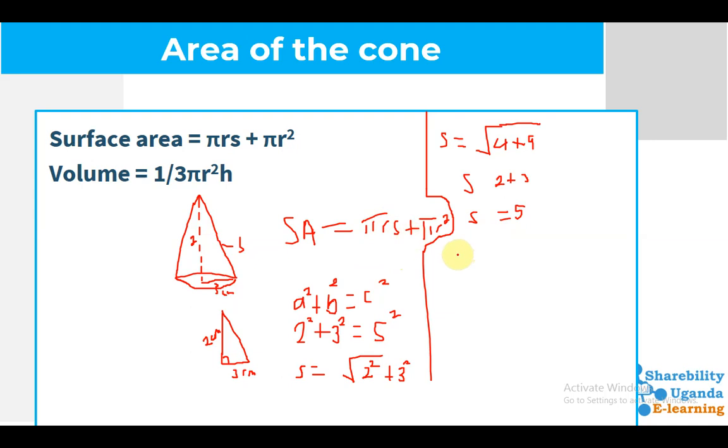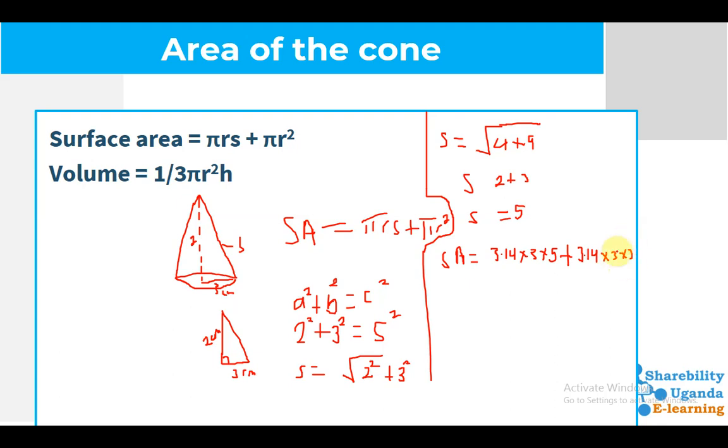Pi r s, our surface area here is going to be equal to pi, which is 3.14, times our radius, which is 3, then times the slant that we have got, which is 5, then plus 3.14 times our radius, which is 3 times 3.